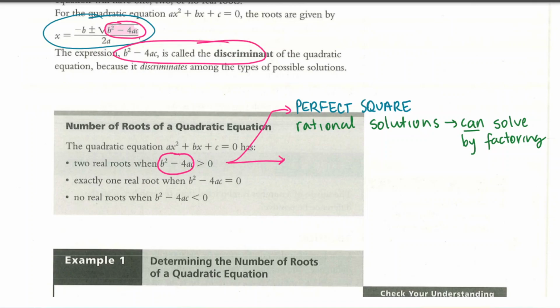Let's say our discriminant is not a perfect square. Then you're not going to be able to evaluate that square root with a whole number when you're doing the quadratic formula. And so you're going to have a square root in your final answer, and the solutions are going to be irrational.